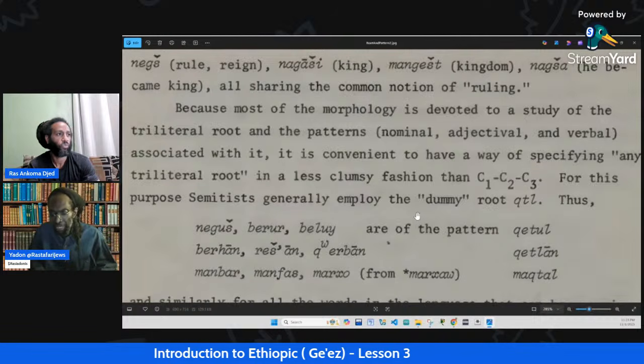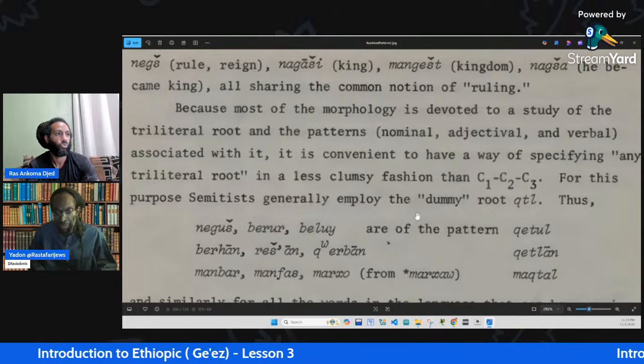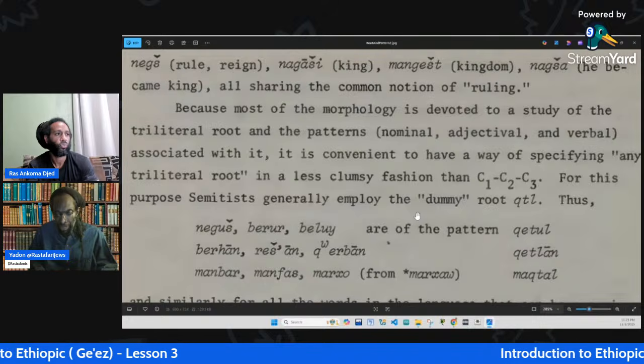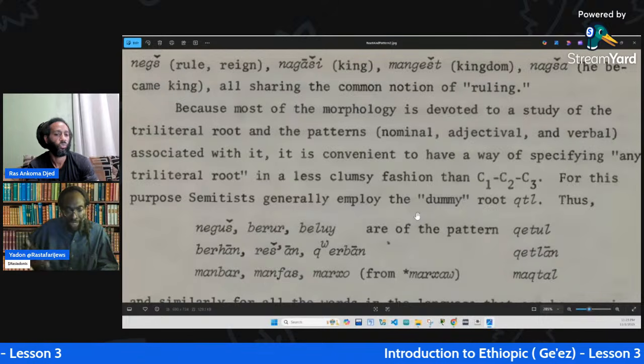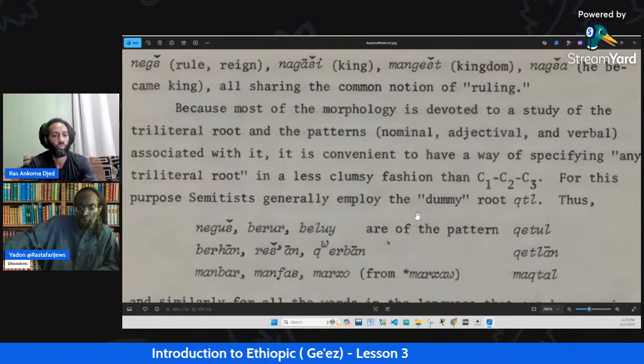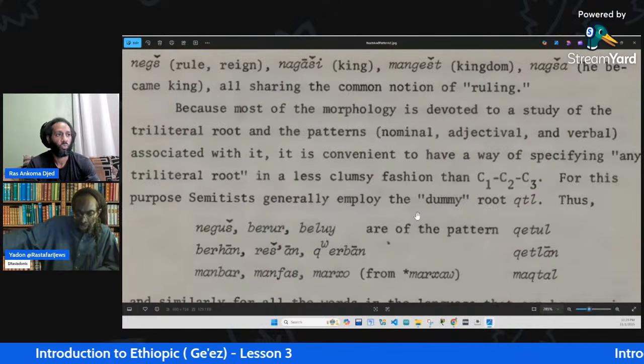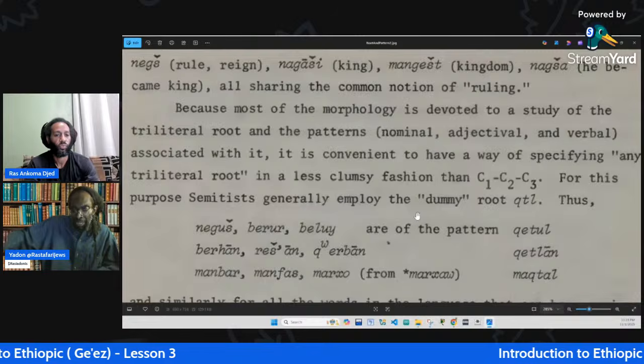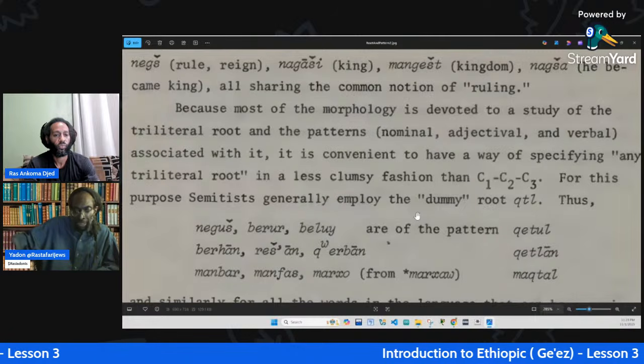Then we have mengisht. In Amharic we say it as mengist. So when we come across the word mengist in Amharic, we know this is a word that comes from Ge'ez. But in ancient Ge'ez it would have been said as mengisht.